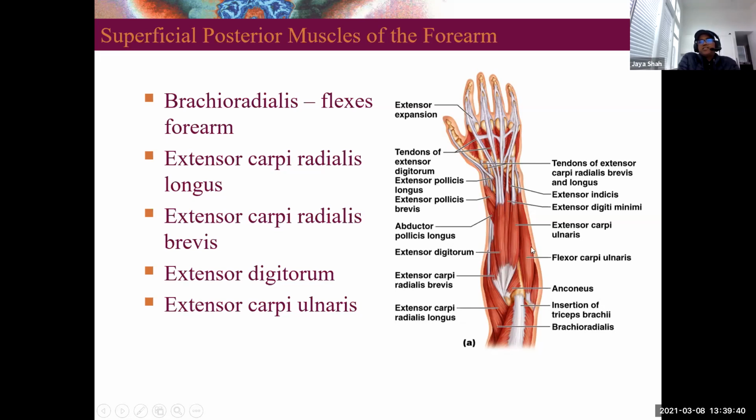Flexor is at the junction of anterior and posterior. That's why it flexes, and that's why we call it flexion. Then you have the extensor digiti minimi, and this big tendon is extensor digitorum. Digits means fingers, so it goes to the fingers. That's why we call it extensor digitorum. And then there is a small muscle, extensor carpi radialis brevis.